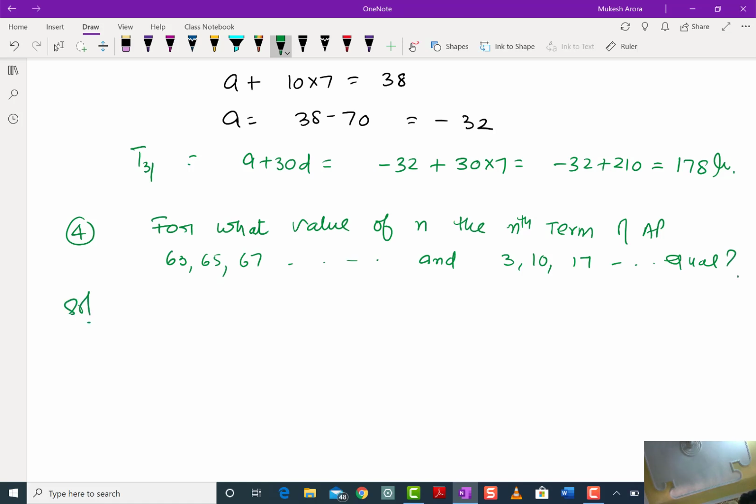Meaning two APs are given, so for which value of n will both the terms be the same? That means the nth term of the first should be equal to the nth term of the second.